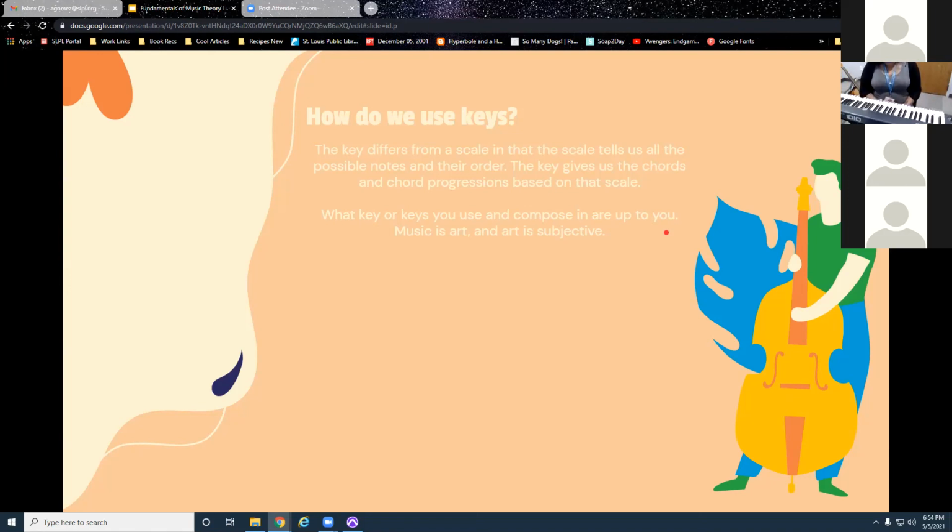And you don't have to be someone who uses both major and minor. You could. There are a lot of artists that just use the major key. I want to say it was Taylor Swift who had an entire album, so her whole album, again 12, 15 songs, only used major keys. They were different keys, C here, D or whatever, but she did not use any minor keys in her whole album.